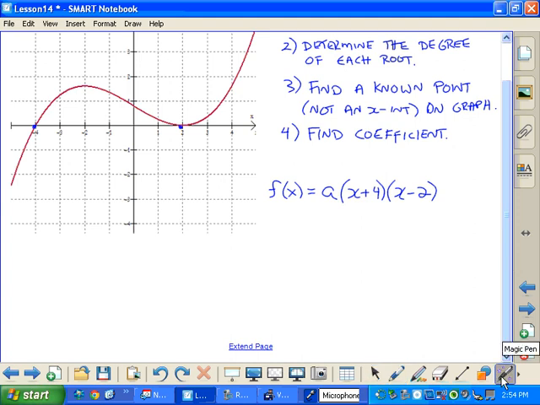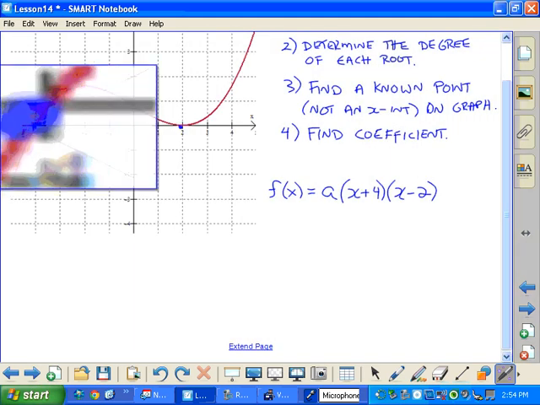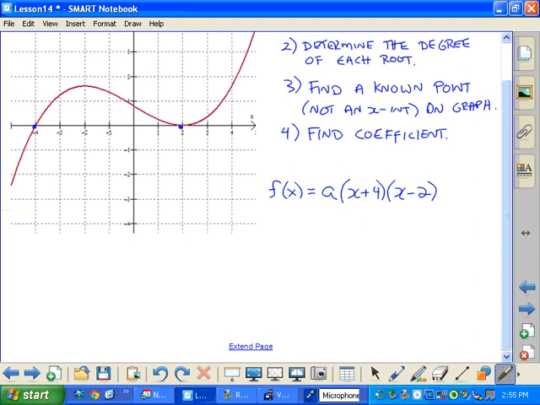Step two is to determine the degree of the root. So when you look at -4 here in the little box, oops, I want to zoom in. There we go. From what you can tell, it looks like a line crossing that little segment that we're looking at. It looks linear, so we're going to have it as degree 1.